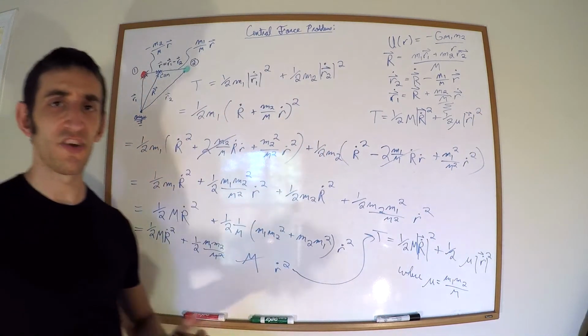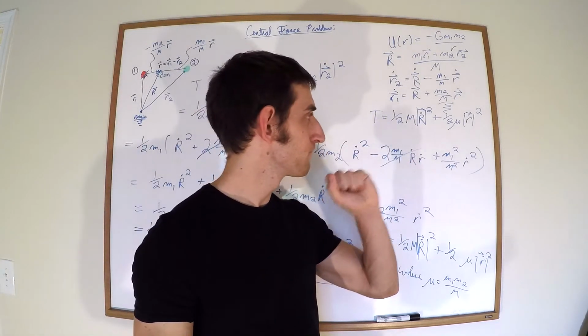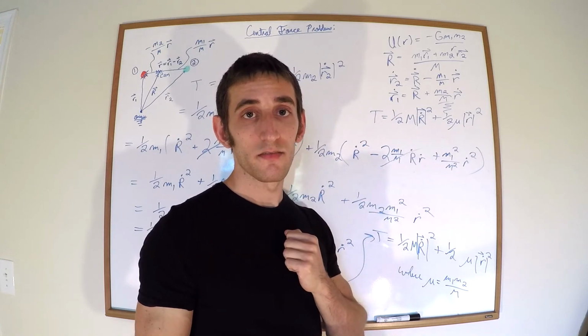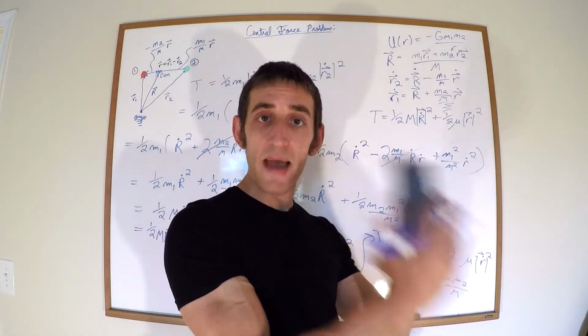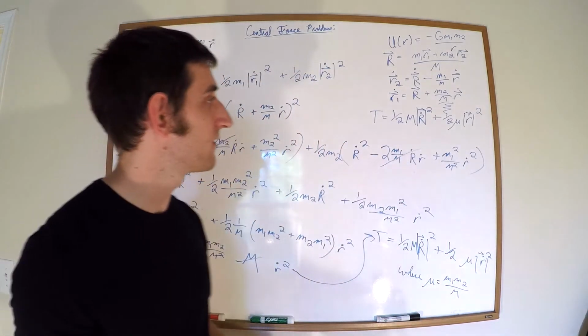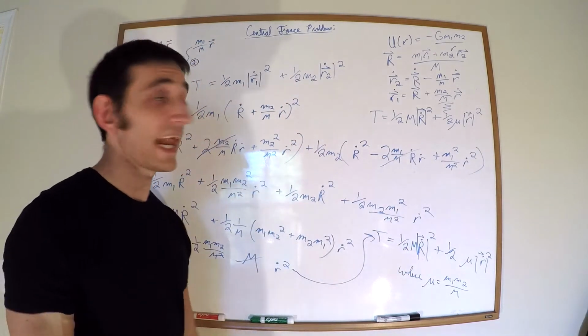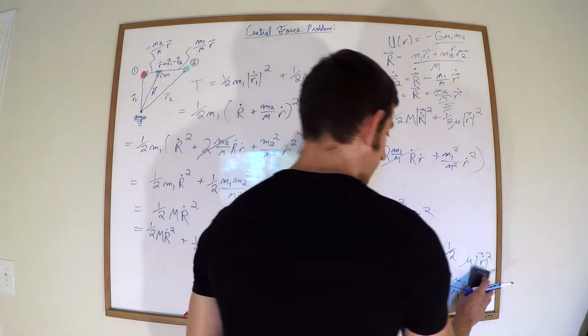Now that's a very interesting result. So it's like the kinetic energy of the center of mass with a mass of the system. So it's like congregating the mass at that center point. And we also add on this fictitious kinetic energy of the reduced mass. So it's looking pretty interesting.